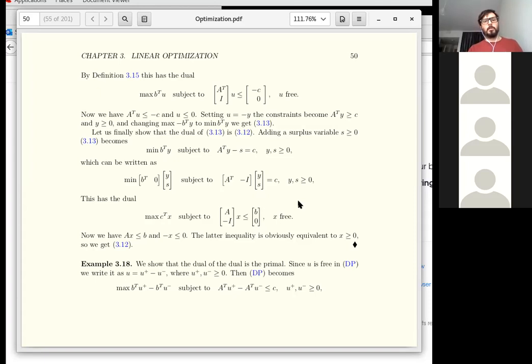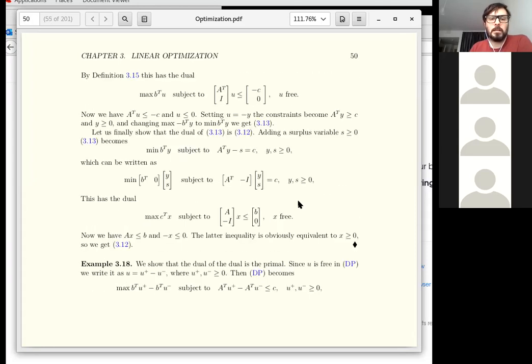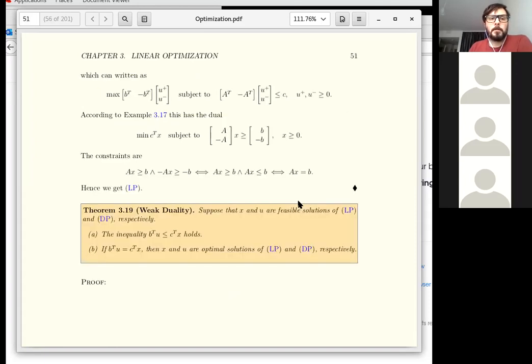So the dual of the dual becomes the original. Very often we call the original problem the primal, meaning it's the first problem, and the dual is the secondary problem. And the dual of the dual is the primal. That's not important, we don't need to discuss that part now.